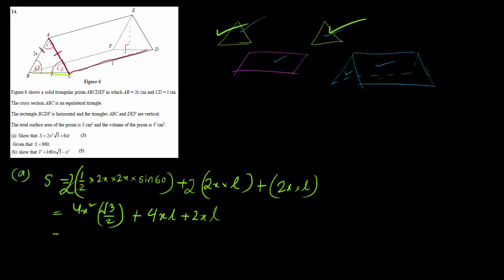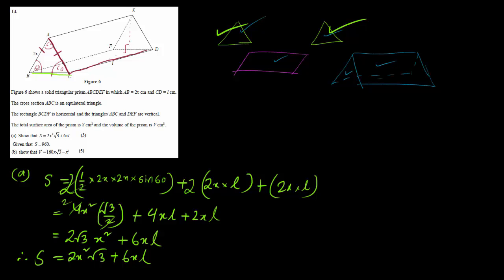So altogether there is going to be 6xL, and this 2 cancels, and we can write twice root 3 times x squared plus 6xL, and that's the surface area. We have proved it. So let's write it down in that format: 2x squared square root of 3 plus 6xL. So we have the surface area.